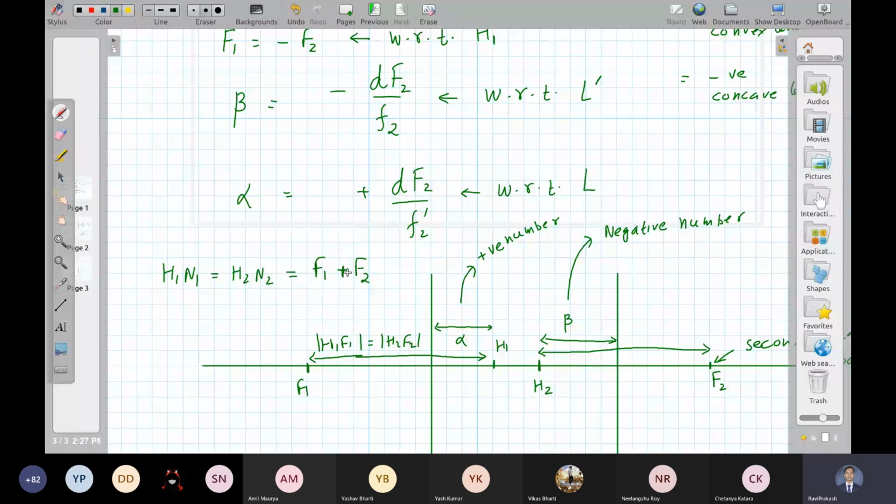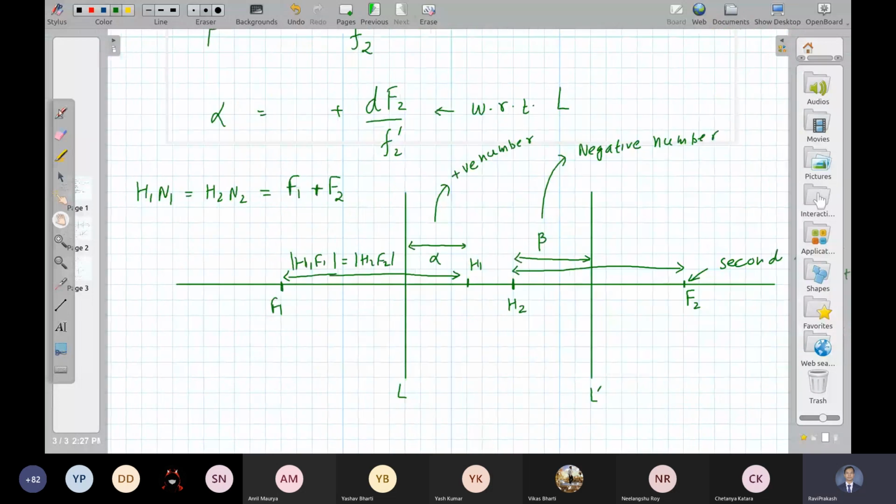What is this value? If medium is same everywhere, they are just equal and opposite to each other. So if mediums are same, as long as both the focal lengths are same and opposite, what does it mean? H1 N1 is equal to 0, H2 N2 is equal to 0. ठीक? इसका क्या मतलब हुआ? जिसको आप H1 कह रहे थे यही N1 भी हो गया, जिसको आप H2 कह रहे थे वही आपका N2 भी है.